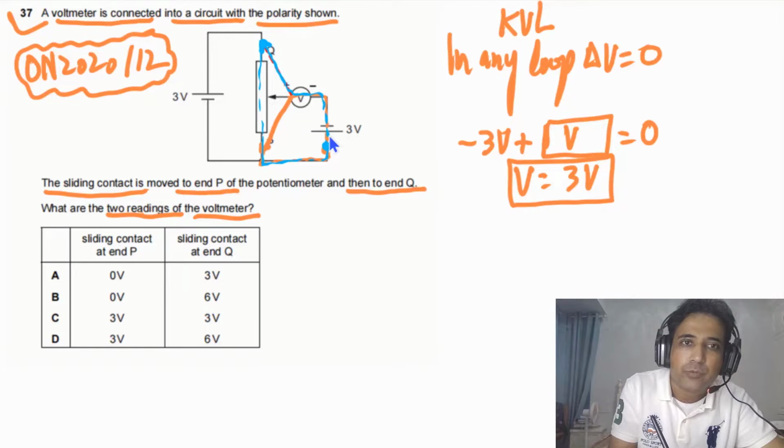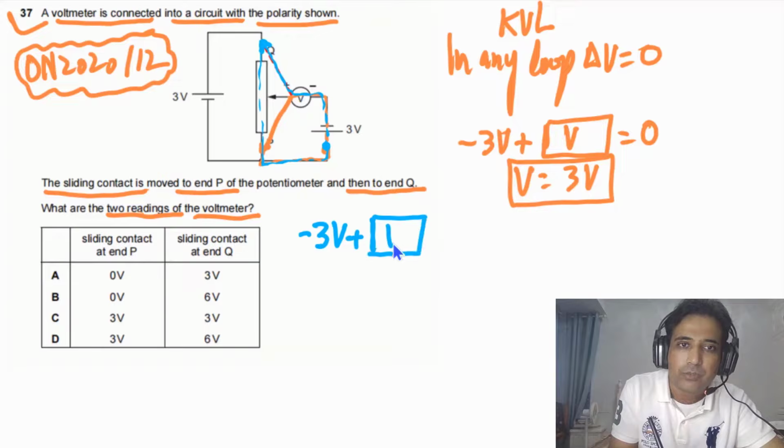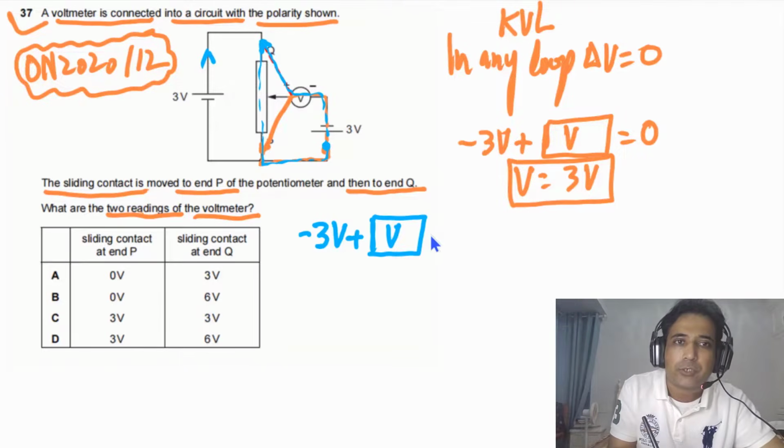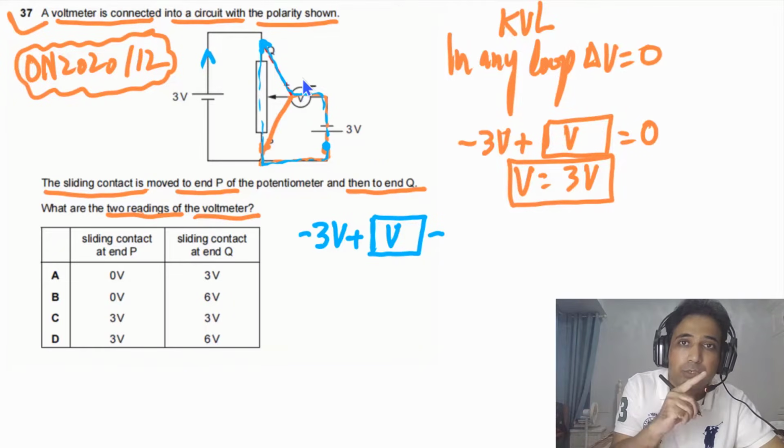We go from positive to negative, so the potential is decreasing. The decrease in potential will be negative, plus the reading on the voltmeter, which is V. In this case, current will flow from the positive terminal and go this way. If we go in the direction of current, we will lose potential.